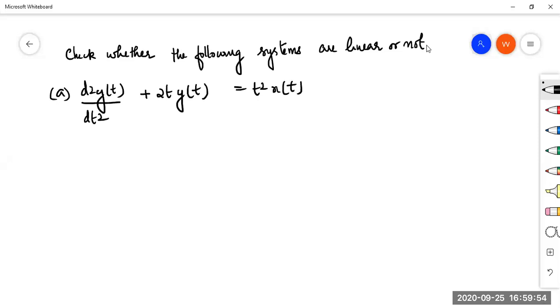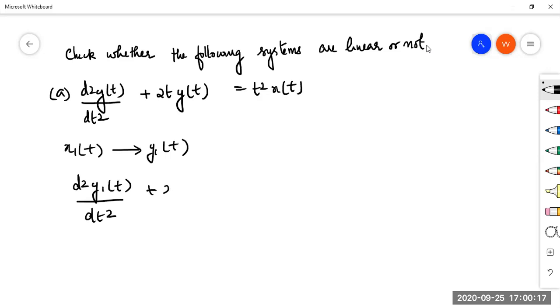So in such questions, what you will do is you take x1 of t, let the output of x1 of t be y1 of t. So when you substitute this x1 of t, the output becomes y1 of t. So the equation now becomes d square y1 of t by dt square plus 2t y1 of t is equal to t square x1 of t.